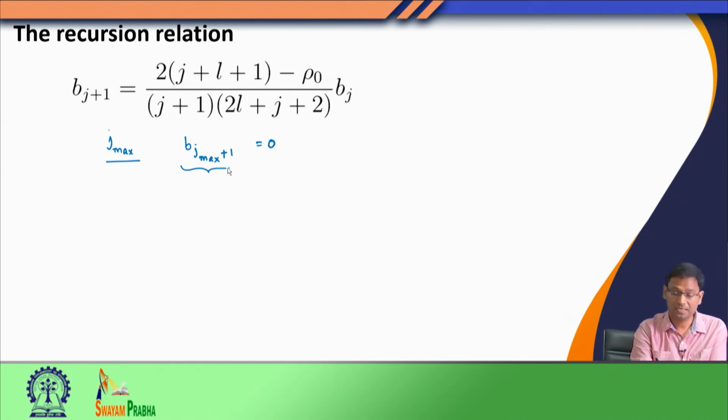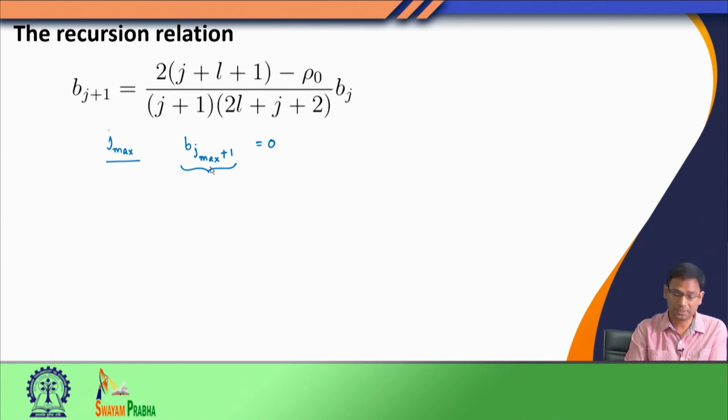If b of j max plus 1 becomes 0, that means the coefficient of rho to the power j max plus 1 becomes 0, and the power series starts truncating. Once the j max plus 1 coefficient is 0, then j max plus 2, j max plus 3 and so on, all these coefficients will become 0. So, the power series will now not be an infinite series, rather a finite series.